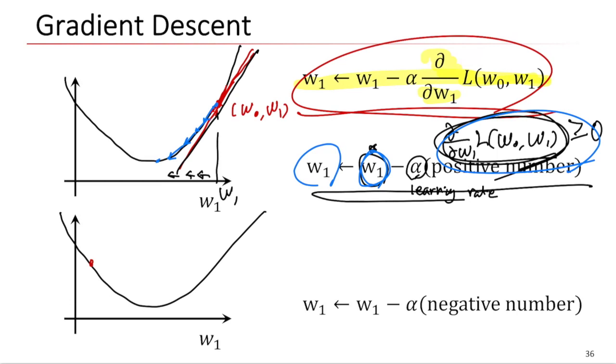If we start here, the gradient at this point should be like this. So in this case, this is the negative slope, right? This is a positive slope.